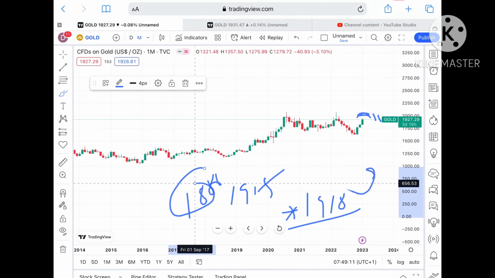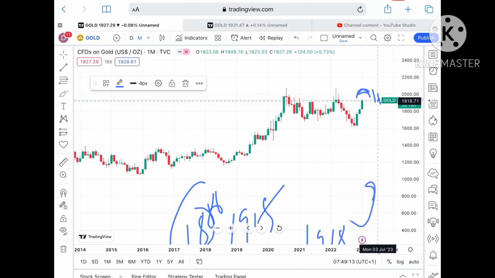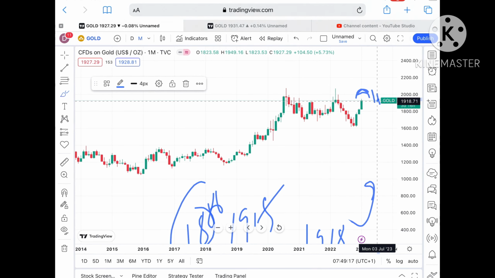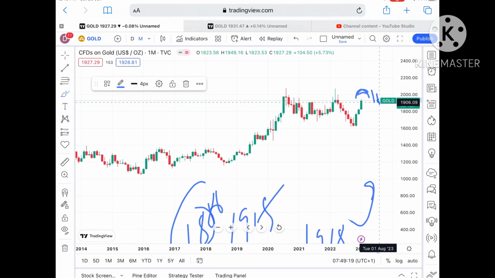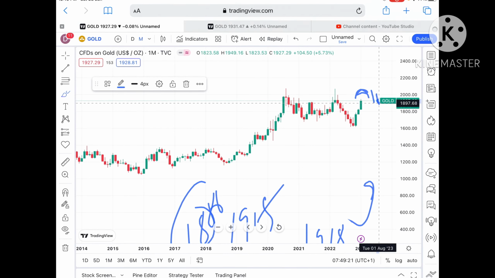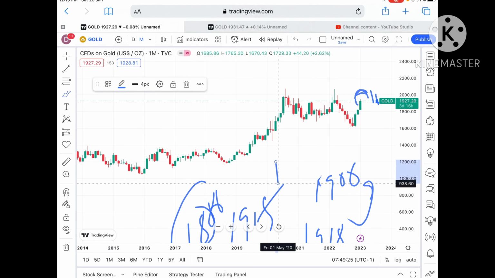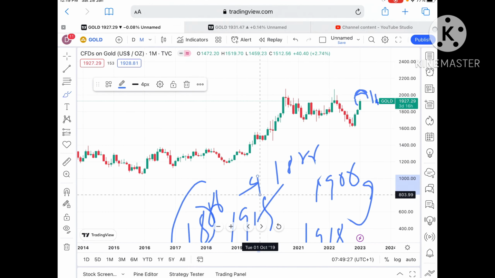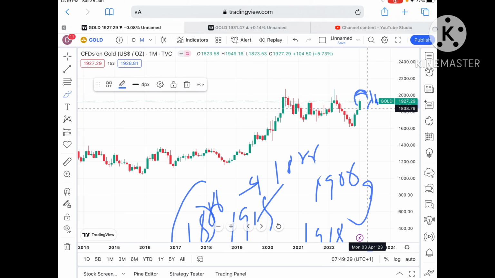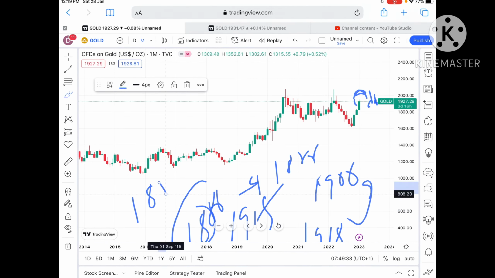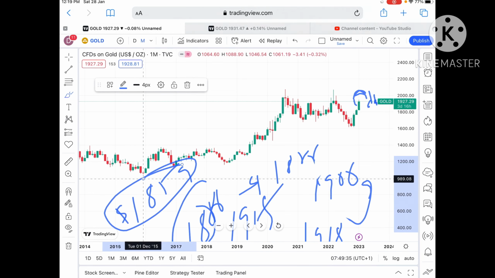Okay, again I repeat, suppose the price doesn't sustain this particular level, it can come down again to a level of around $18, and from there it can touch a level of around 1915, and once it moves below this level, we can see a level of $1906 to a level of around $1886. Okay, and once it falls below 1886, then chances are high that it can come down again to a level of $1859, and from there we can see it can fall further low.